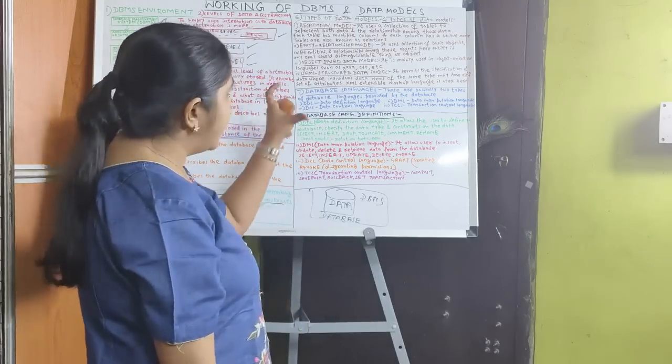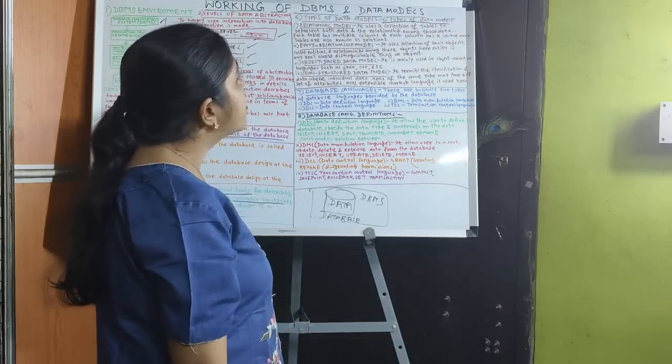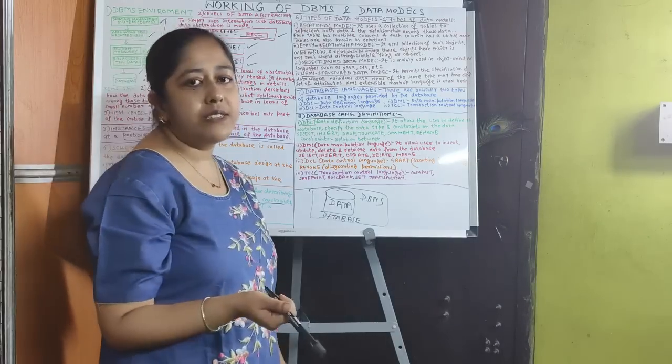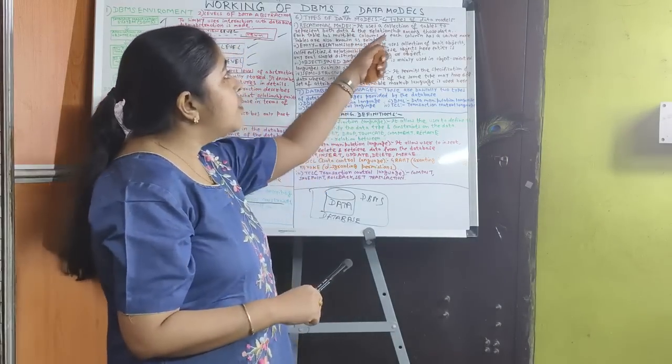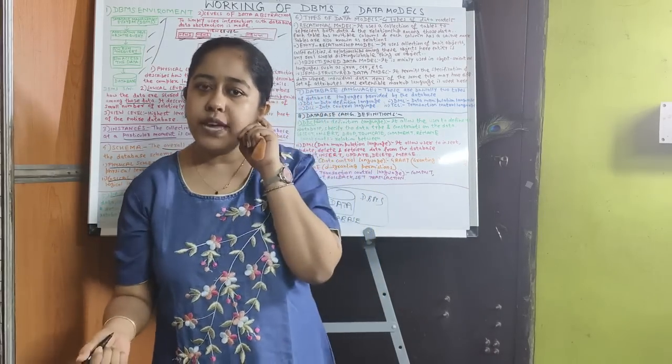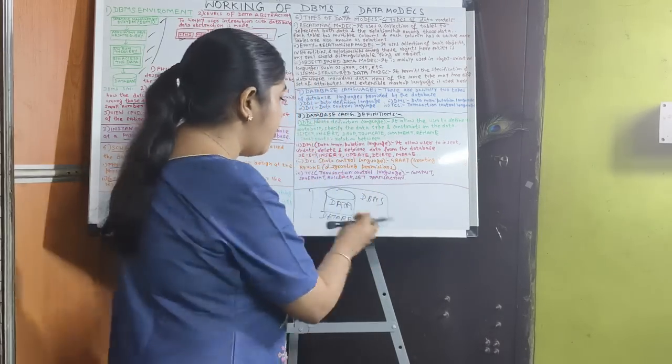The first one is the relational model, which uses a collection of tables to represent both data and the relationships among those data. We will make some tables, which I have already shown you.